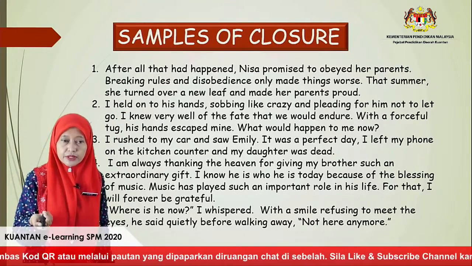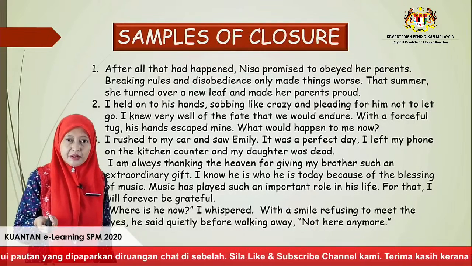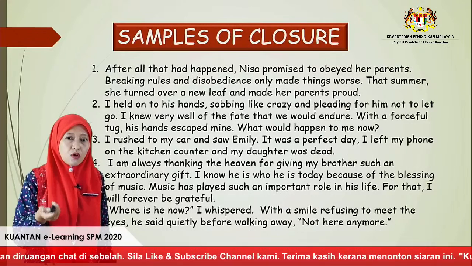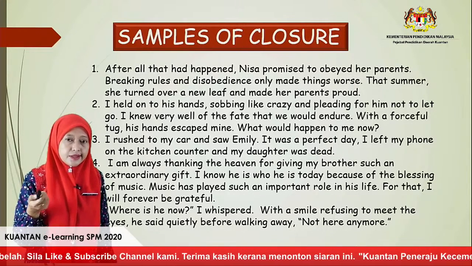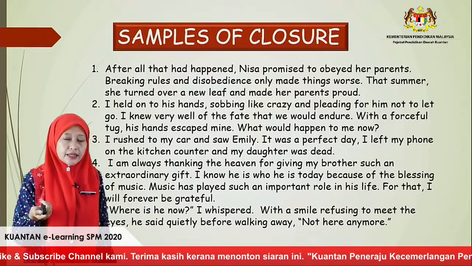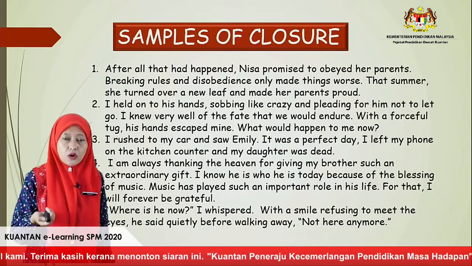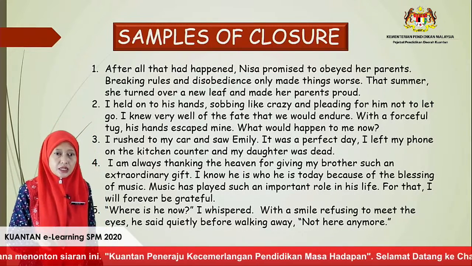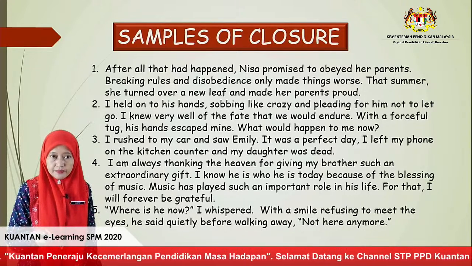Some samples, okay? After all that had happened, Nisa promised to obey her parents. Okay, "obey" there is wrong, ignore the "ed", a typo there. Breaking rules and disobedience only made things worse. That summer, she turned over a new leaf and made her parents proud.